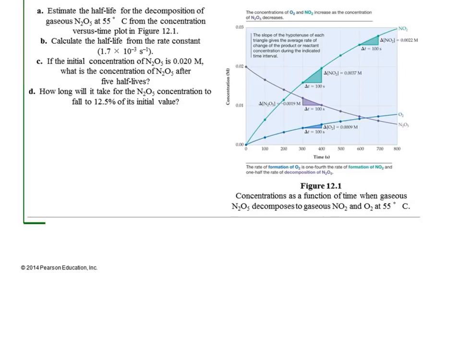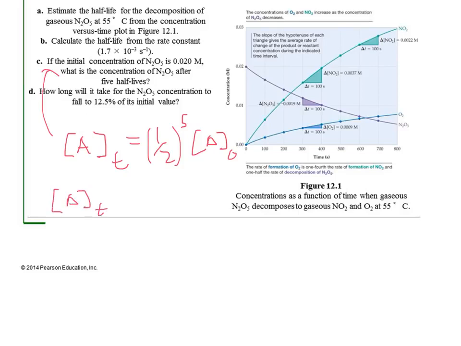A couple of ways we can do this, the easiest of which is to use that formula I just gave you. A sub t equals 1/2 to the n power times A sub 0. So I want the concentration A sub t after 5 half-lives if my initial concentration is 0.020 molar.